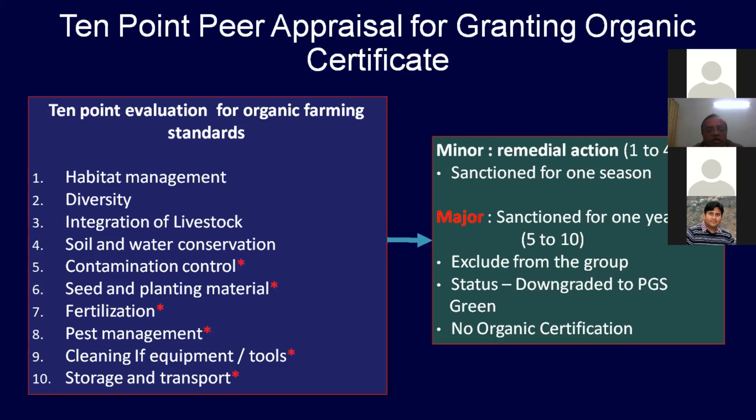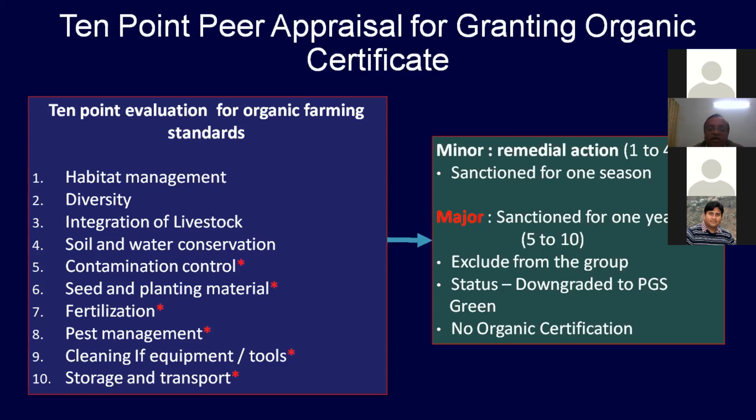Then equipment which is used in non-organic farms needs to be avoided, and if it is not avoided, it needs to be thoroughly cleaned. Then storage and transportation, as told earlier, there has to be strict separation of organic and inorganic crop while handling.